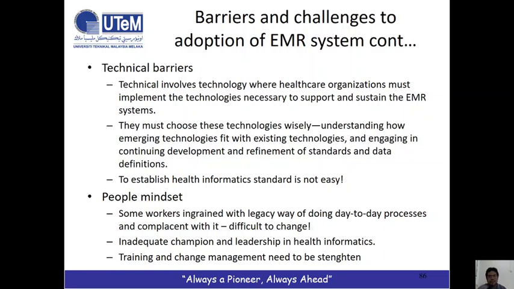So it is very difficult to make the system scale when the business process of the hospital increases. Of course the HIS, healthcare information system, needs to be enhanced to cater to the new processes for the healthcare organization expansion. So technical barriers to establish health informatics standards is not easy.